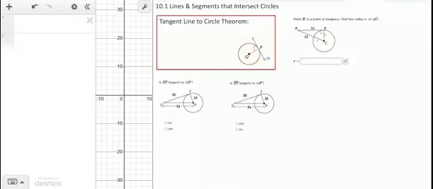Okay, the first is that a tangent to a circle intersects the radius of the circle at a 90-degree angle. Okay, so that's the relationship that exists here. Another way to put it is that a line is tangent to a circle if and only if the line is perpendicular to the radius.